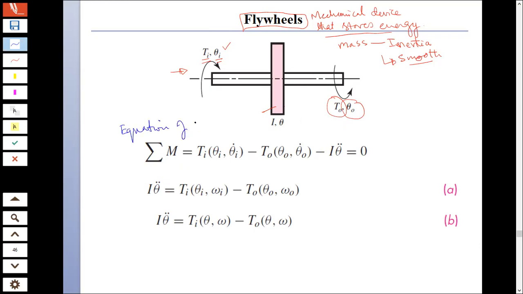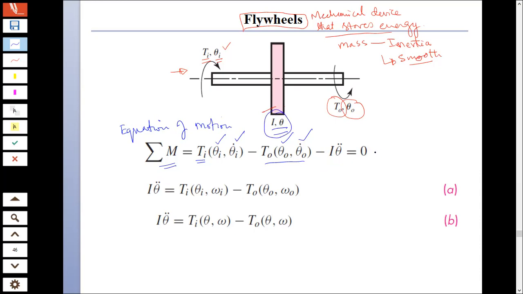The equation of motion would look like this: Ti, which is a function of the displacement and the velocity at the input, minus the torque output, which is a function of theta naught and theta dot naught, minus I theta double dot of the flywheel, right?